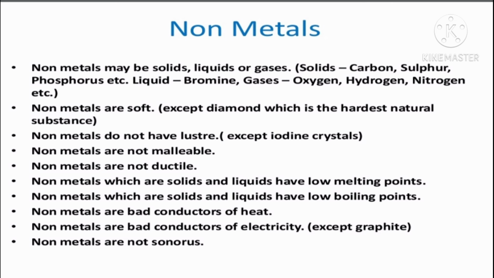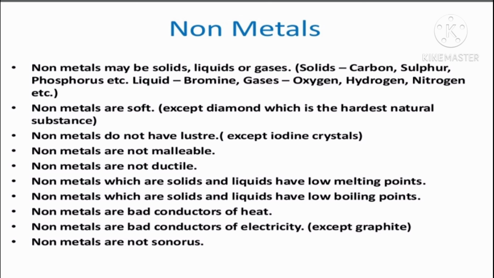Liquid, only one liquid is there and that is bromine. Dear student, आप इसको bromine भी बुला सकते हो, it's one and the same. Next we are having gases and we are having number of gases like oxygen, hydrogen, nitrogen, etc. So these are the states.